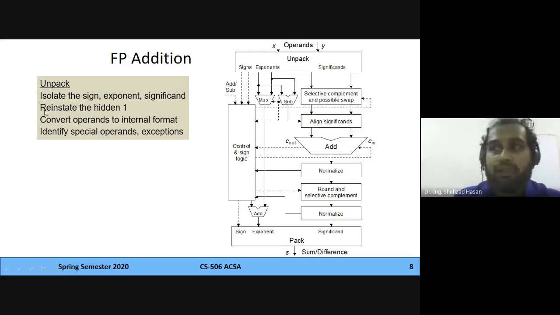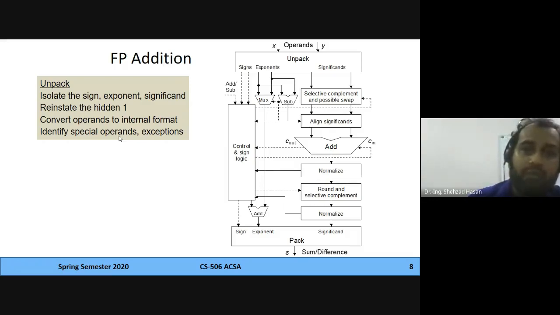The second thing is to reinstate the hidden one. For the significand, the one was not stored with those numbers, so we bring that one back, because in addition that one has its value. Then we convert operands to internal format and identify special operand exceptions. We identify if there are any special operands, for example if they are denormal numbers, or if they are zero or infinity.